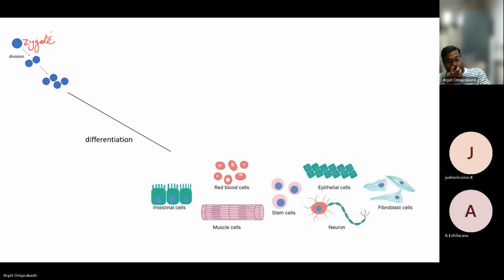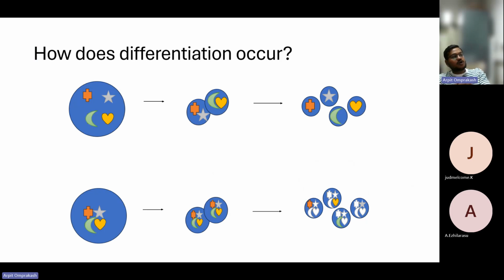Right. So how does this differentiation occur? People had two different ideas initially. One was that different components of the DNA are passed on to different cells. So for example, these cells have only these parts of the DNA, and those cells have those parts of the DNA.